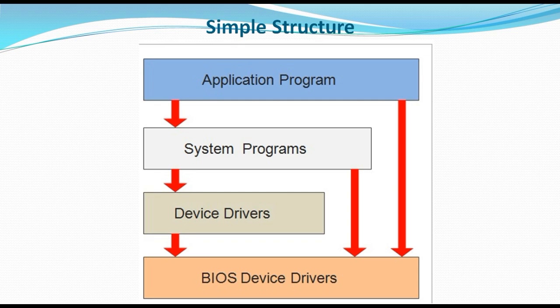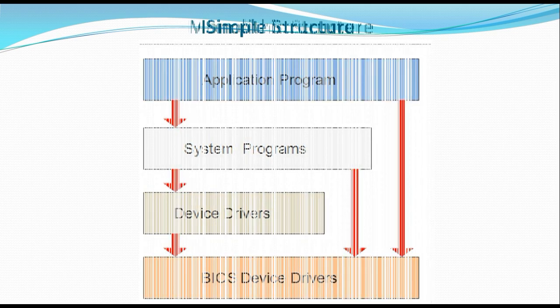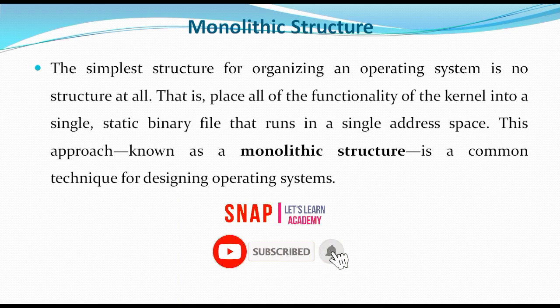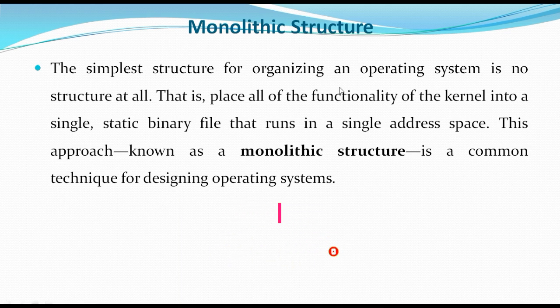So let us look at the second structure, which is the monolithic structure. This is the simplest structure for organizing an operating system, and is really no structure at all. It places all the functionality of the kernel into a single static binary file that runs in a single address space.